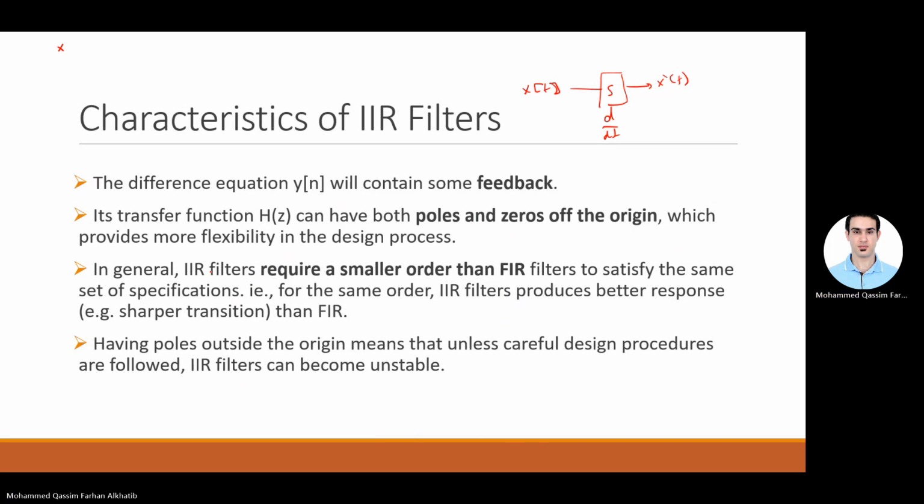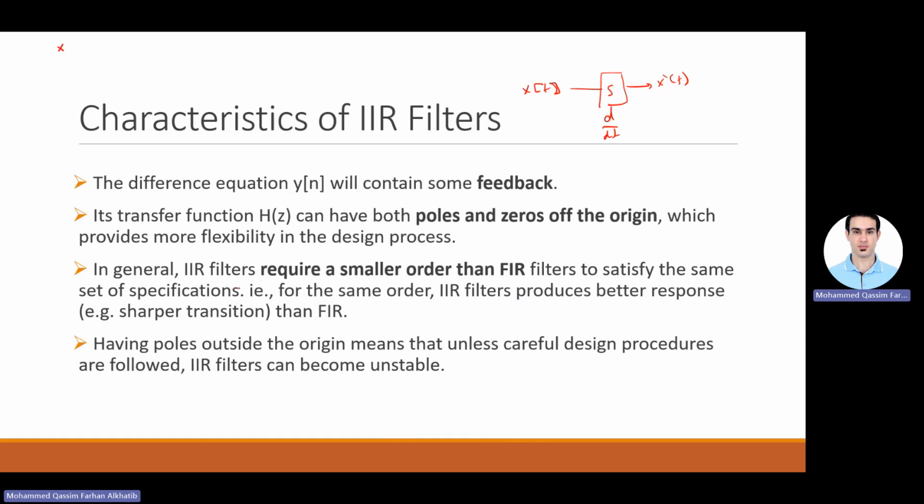All right. The transfer function H of Z can have both poles and zeros off the origin and maybe outside the unit circle, which provides more flexibility in the design. In general, IIR filters require a smaller order than FIR to satisfy the same set of specifications, probably in frequency response.